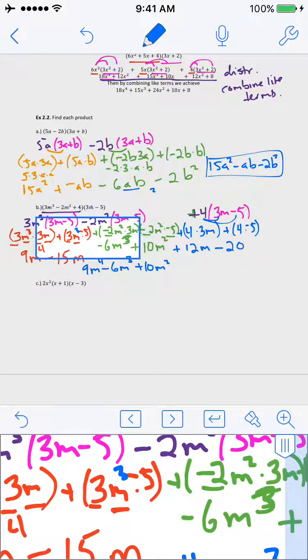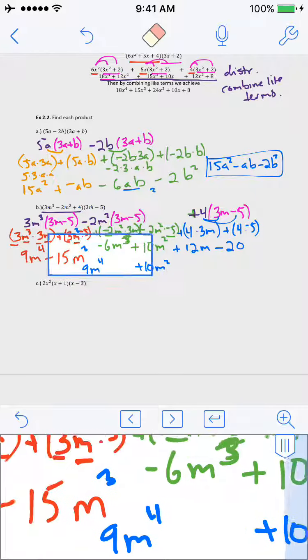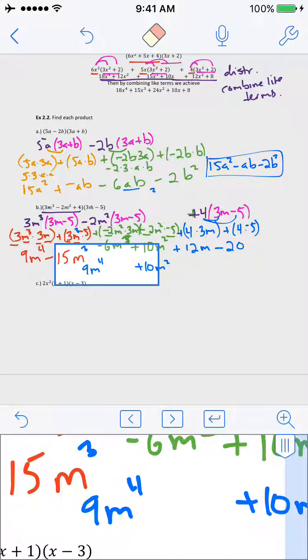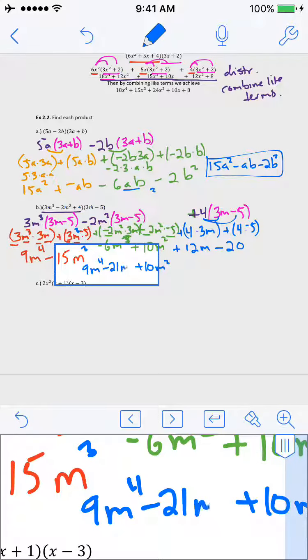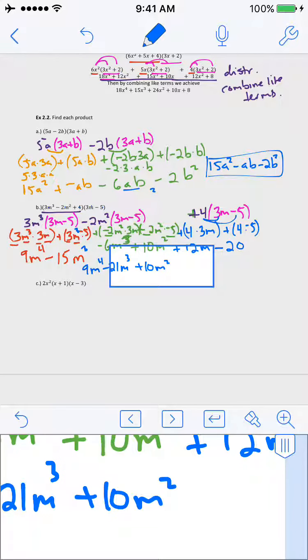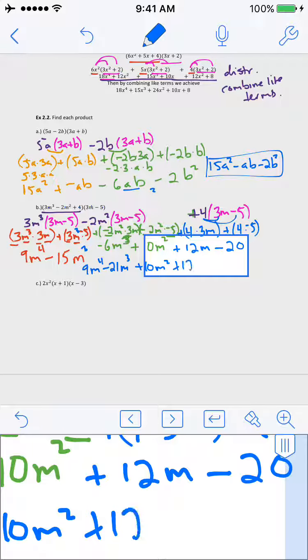This should have been an m cubed. So we should have 2. Yeah. So that makes this instead negative 21. Negative 21m cubed plus 10m squared plus 12m minus 20.